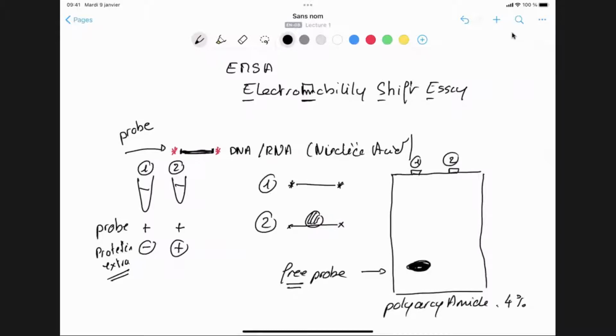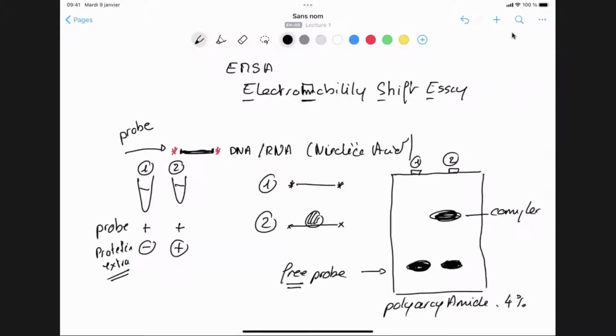Okay? If in the tube number 2, in which we put the protein plus the probe, there is some protein in this mix of protein that interacts with the DNA, they will form a complex, protein plus DNA, or RNA in our case, that will have a much higher molecular weight because of the size of the protein. So what we are going to see, because we put a lot of probe, we always see the free probe that is not bound, but we will see the formation of a complex that is bigger.